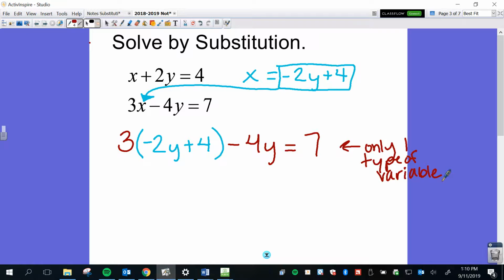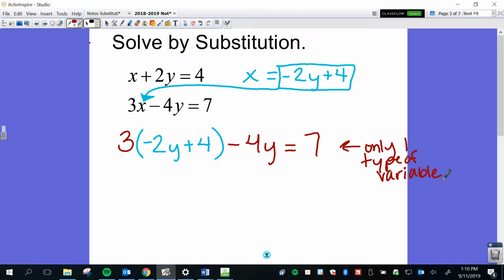Because we substituted, yeah. And we can solve that. It's impossible if I say x plus 2y equals 4. What's x and y? It's hard. I mean, you can guess and check, right? I get that. But you can't really solve an equation with 2 variables. It only has to be 1.